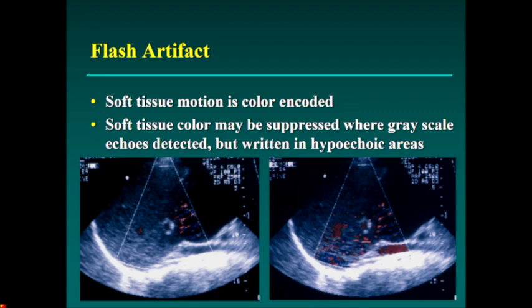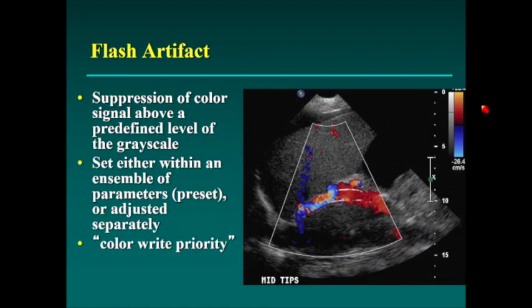One where there's a high flow setting, in which case you want to give priority to the grayscale, because like in a carotid, you don't want to overwrite the plaque. And then there are low flow states where you want to give priority to the color because you want to see any thread of color. So like ovaries or testicles or things like that, where you want to see all those little threads of color, and so the priority will be given to the color. Well, the presets determine where that color right priority is written.